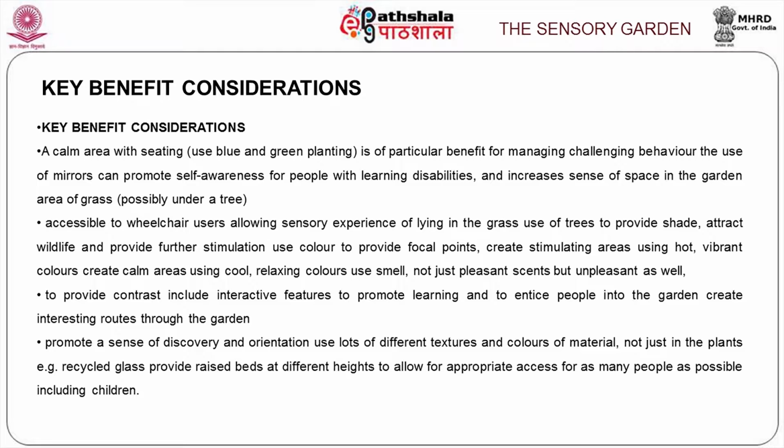You have accessibility for different kinds of people. Physically challenged people are there, so you have to have wheelchair access. But they should also enjoy all the five senses we are talking about. Read all those things, whatever we are talking about.